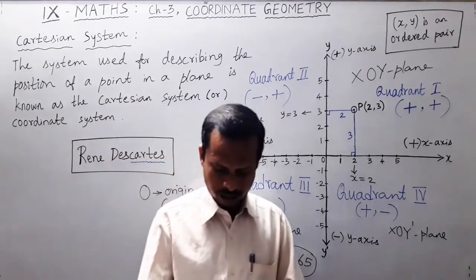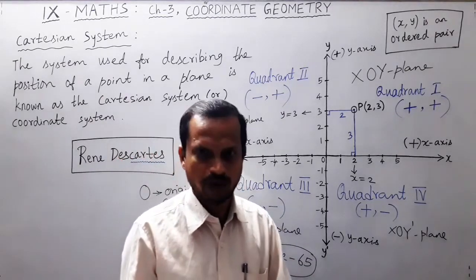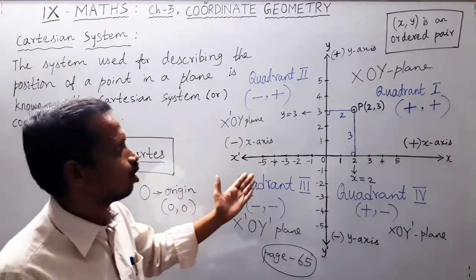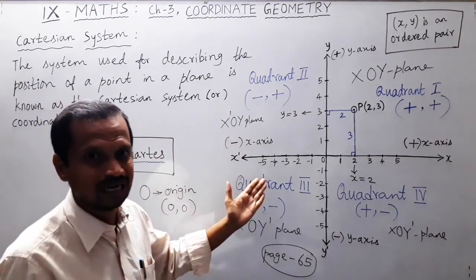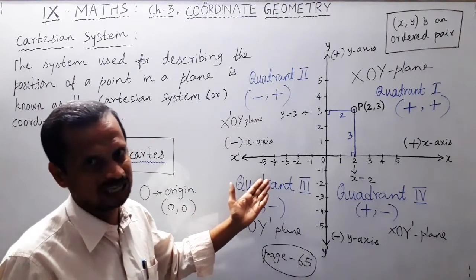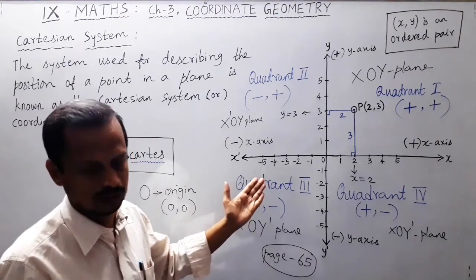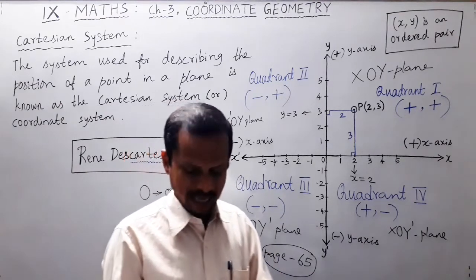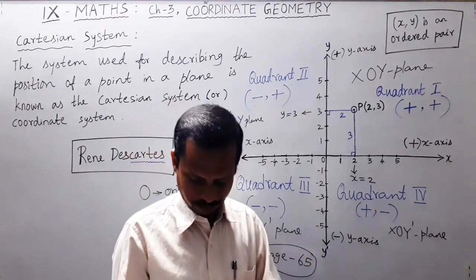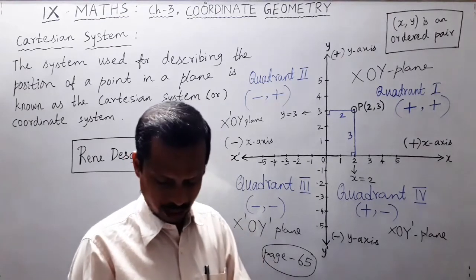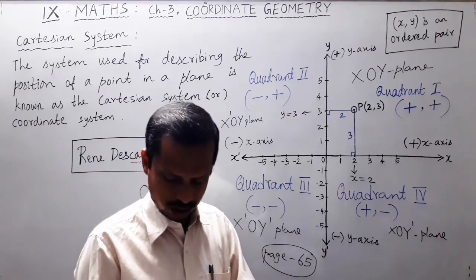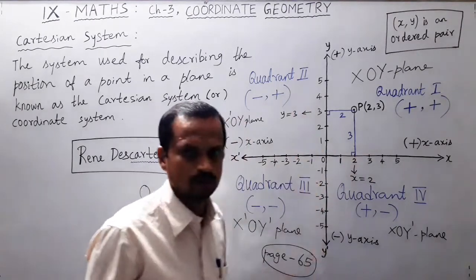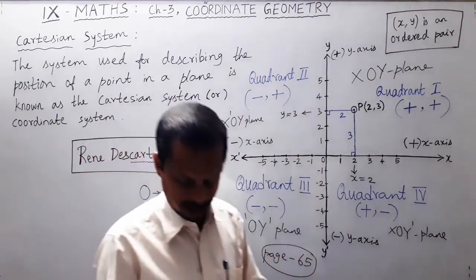Point number 2: this is called Cartesian plane or coordinate plane or XY plane. Clear? The plane is called the Cartesian or coordinate plane, and the lines are called the coordinate axes. X, Y, these are called coordinate axes.